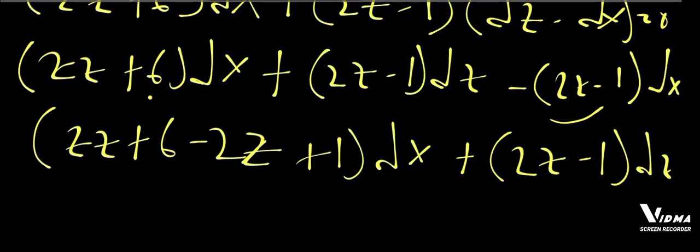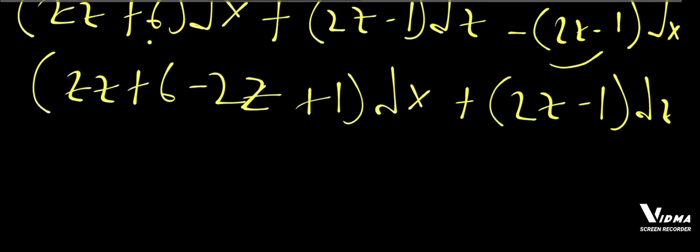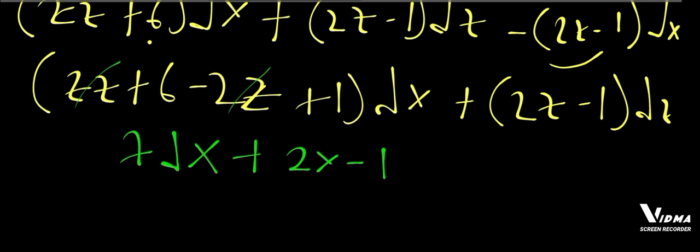So you can see that 2z cancels 2z, and I'm going to have 7 dx plus (2z minus 1) dz being equal to 0. So let's go to the next page and see how we evaluate it.